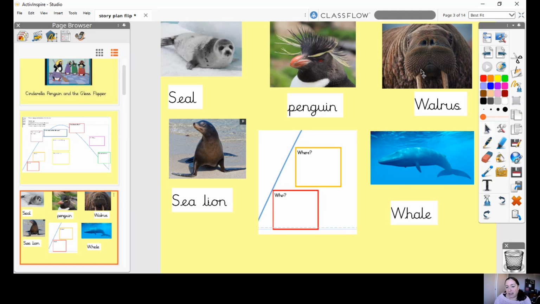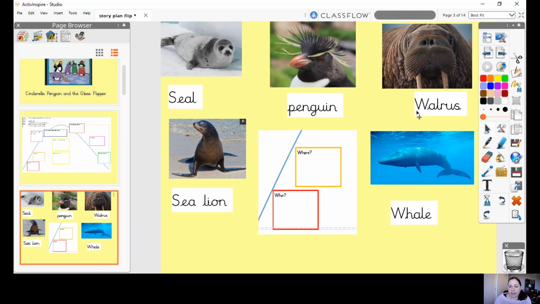Look at him there, or her. We've got a sea lion, and I've got a blue whale, which can be found in the Antarctic. So what I would like you to do is have a think about which characters you would like to be your Cinderella and your stepmother and your stepsisters. Keep them all the same, those ones.